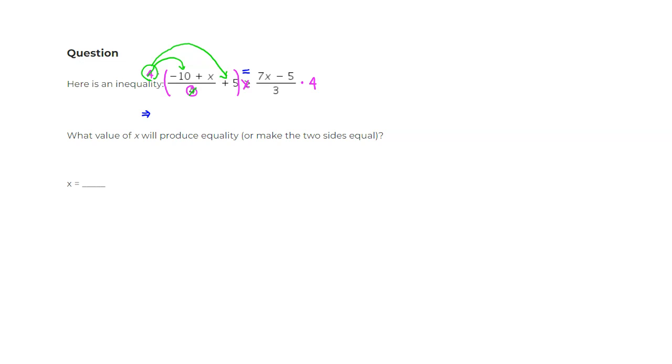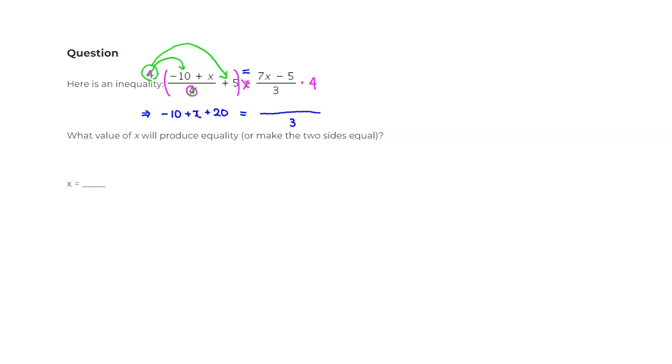So we will get negative 10 plus x from here, and then 4 times 5 is actually 20. Then this is equal to, so this is not going to look very good, the denominator is still 3.